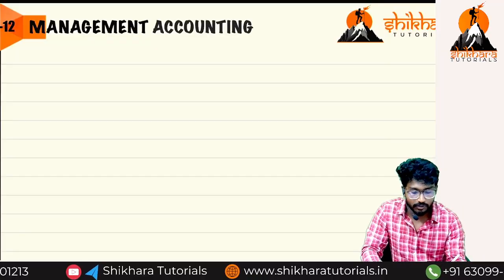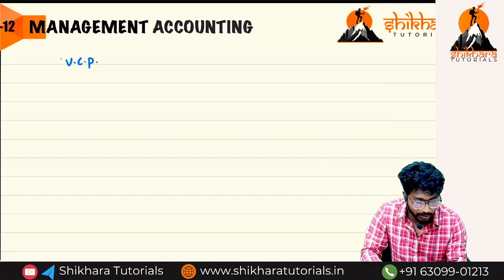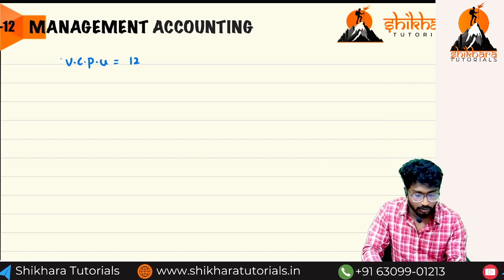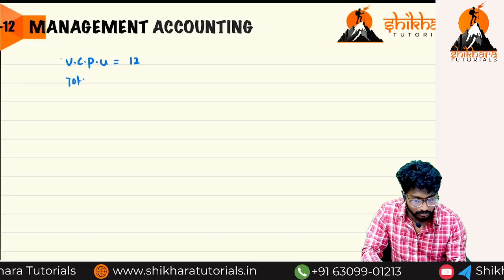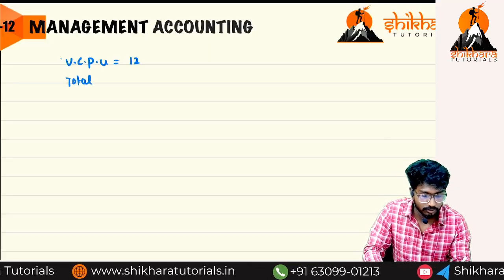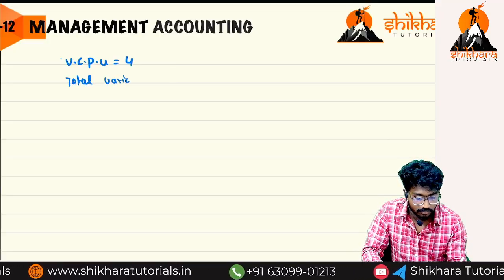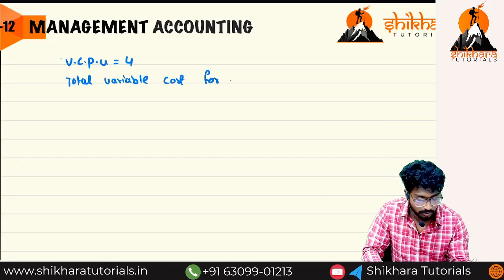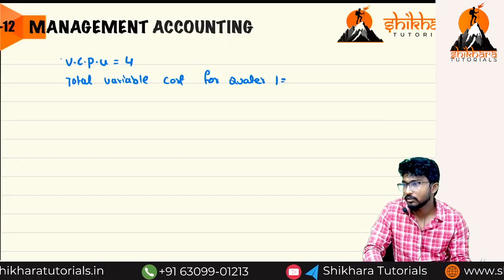Now variable cost per unit is equal to 4. Total variable cost for quarter 1 is equal to how much?